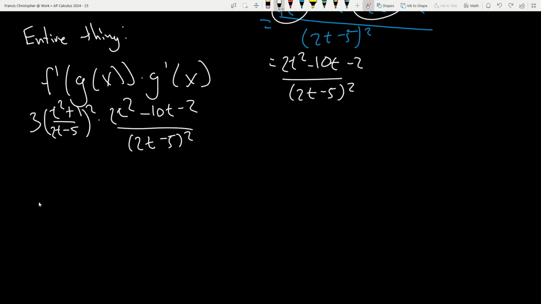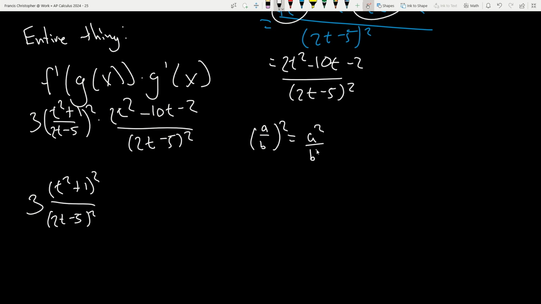I'm not used to this drawing tablet, but in terms of simplifying, I'm going to distribute the power to the top and bottom. So I have t squared plus 1 squared over 2t minus 5 also squared, because remember, a over b squared equals a squared over b squared.